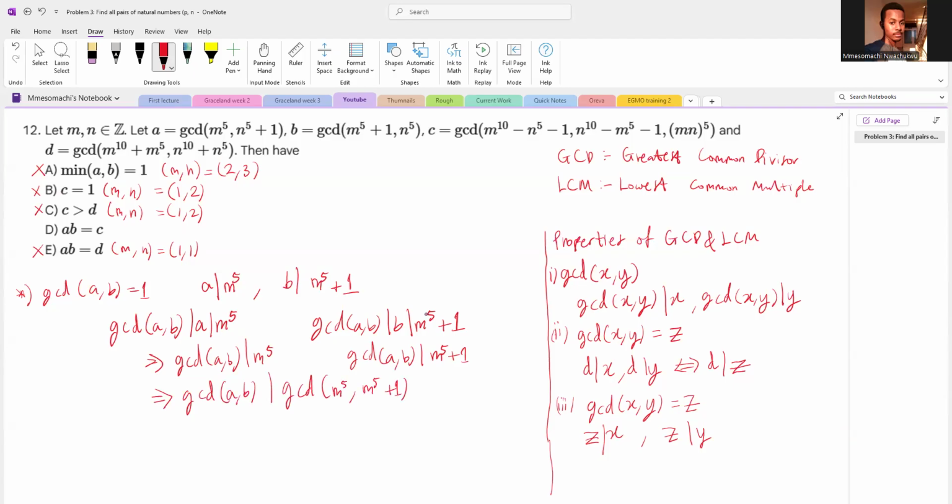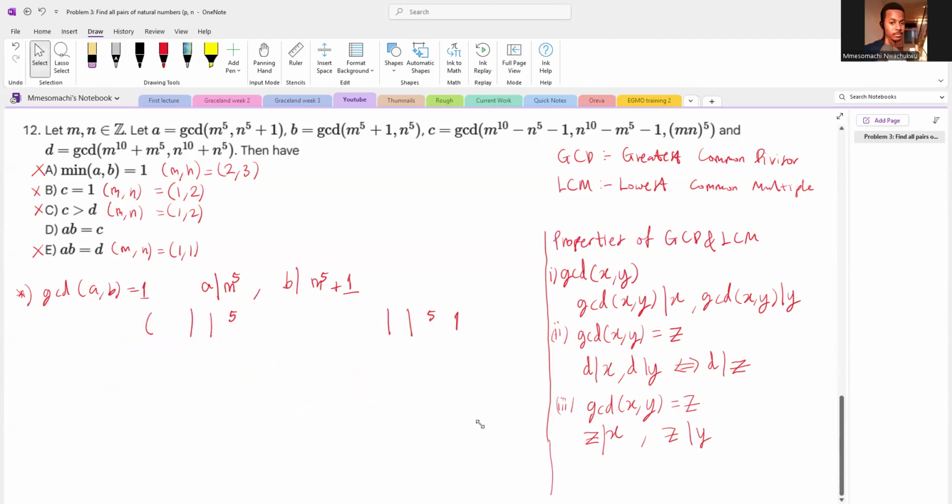But the GCD of two consecutive integers is 1, so the GCD of A and B divides 1. It implies that the GCD of A and B must be equal to 1. So I've proven the first statement I wanted to show. You can always pause the video to convince yourself more. I'll erase it so that I have more space.